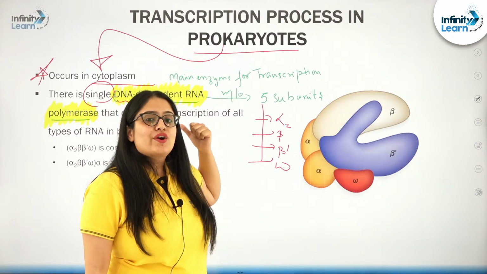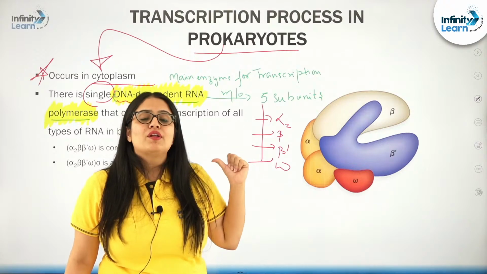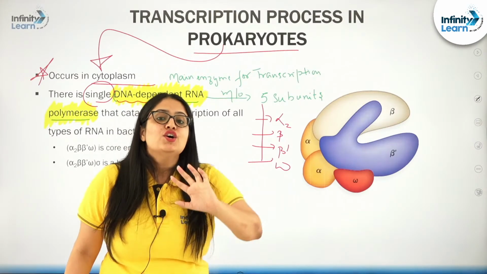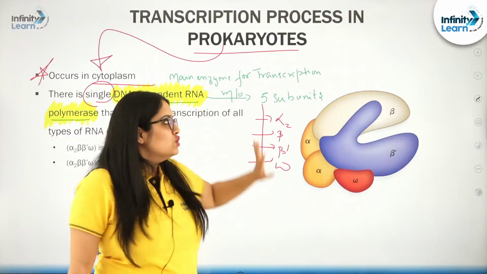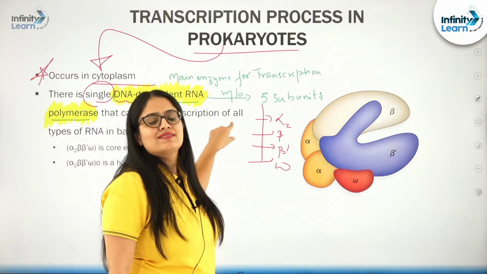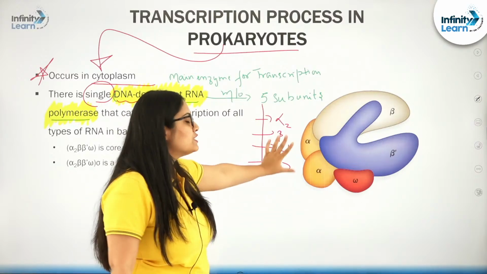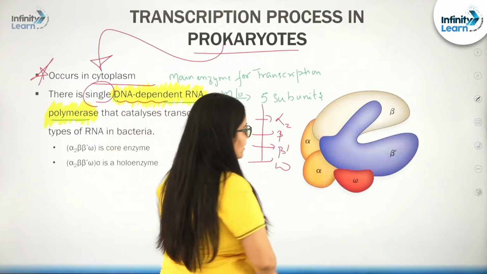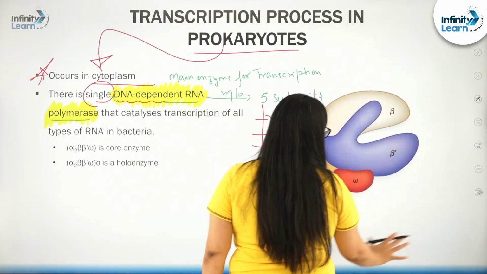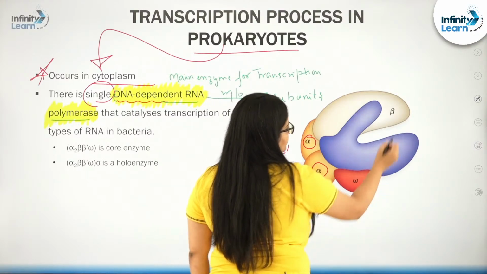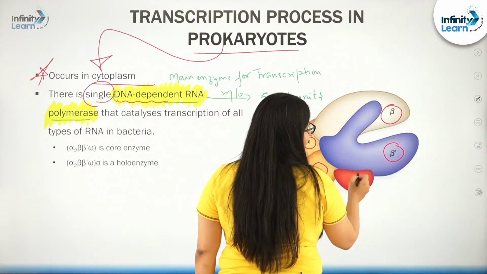Because this RNA polymerase uses the DNA template, one of the strands of the DNA, to synthesize the RNA molecule. So the main enzyme of transcription is a complex enzyme made up of these 5 subunits, and it is very well represented in this diagram. See, there are 2 alpha units, 1 beta, 1 beta dash and omega.